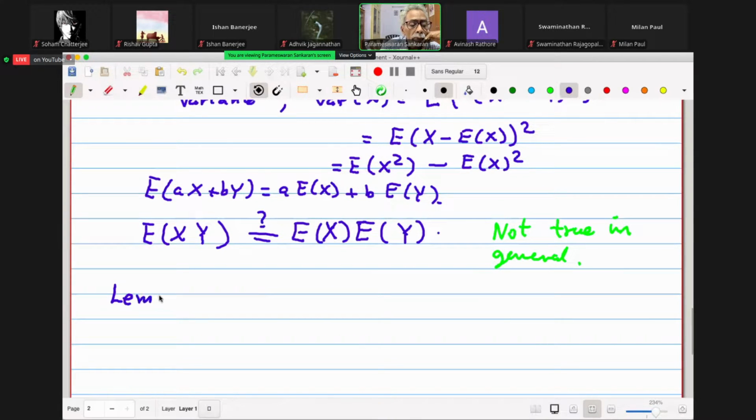However, lemma or whatever. Suppose that x and y are independent.